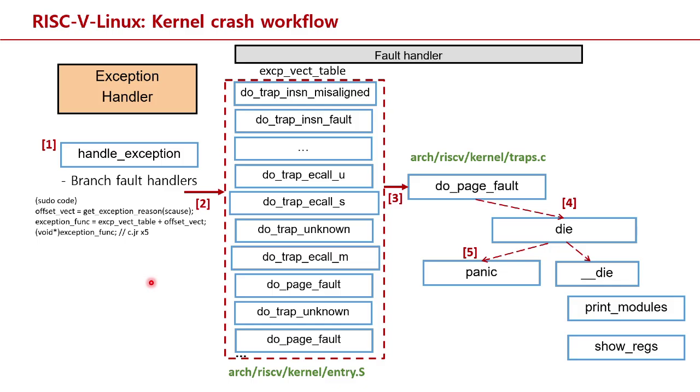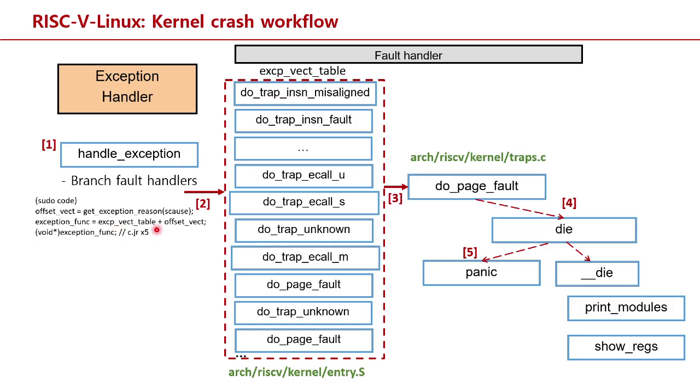If the highest bit is 1, it means the trap occurred due to an interrupt. If the highest bit is 0, it means the trap happened because of the execution of an assembly instruction. So this workflow shows you how an exception occurs in the Linux kernel.